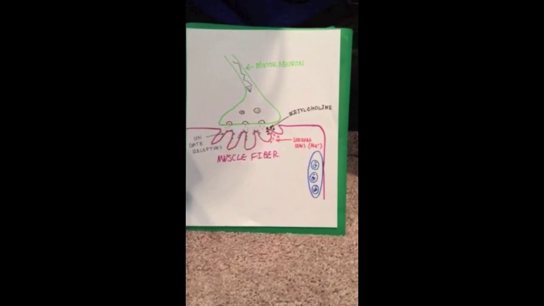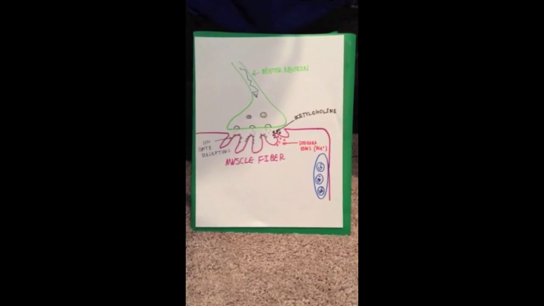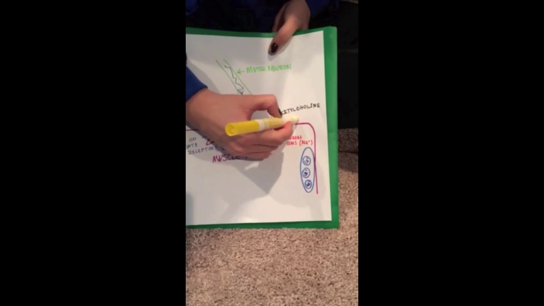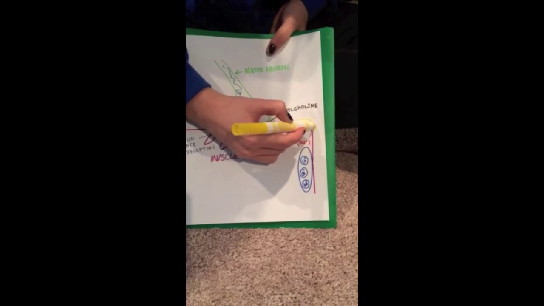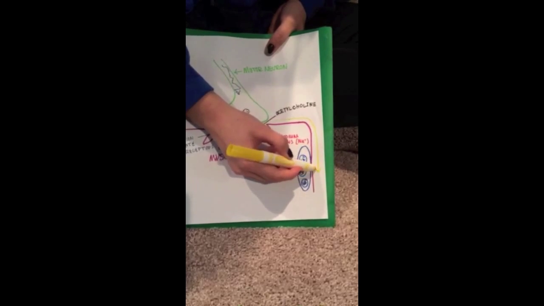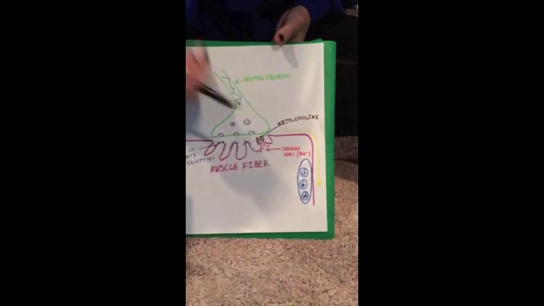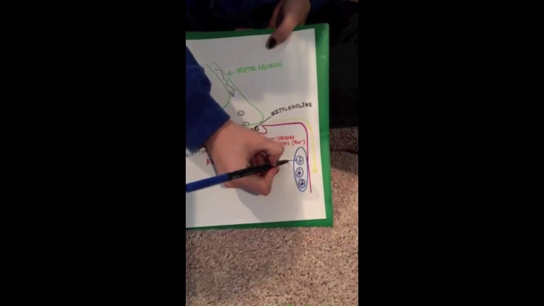This rush of sodium ions polarizes the cell, which allows the electrical impulse to be transmitted down the sarcolemma and into the T-tubules. This causes the sacs in the sarcoplasmic reticulum to release calcium ions.